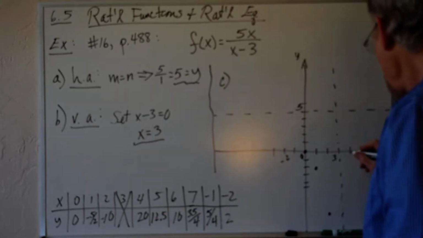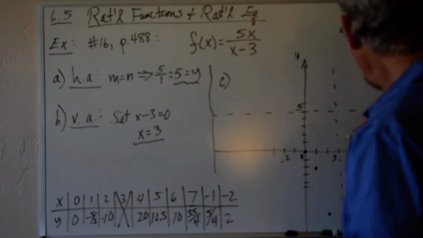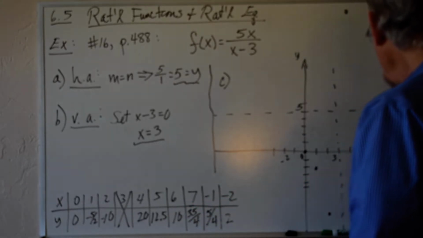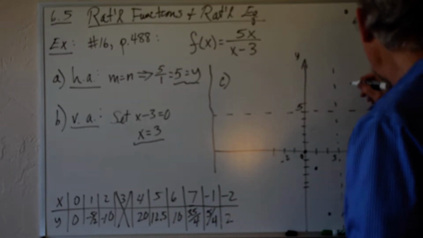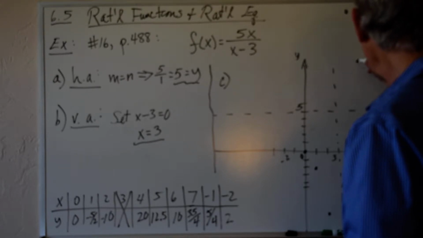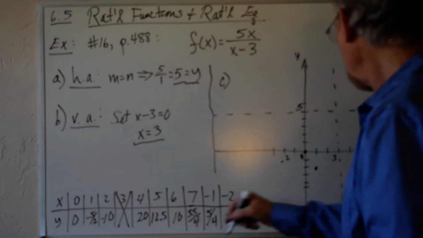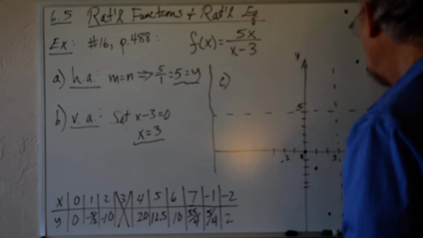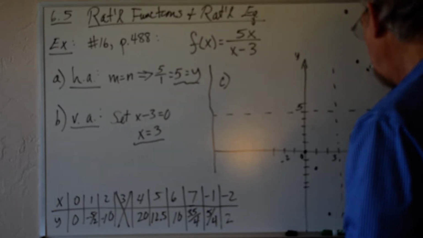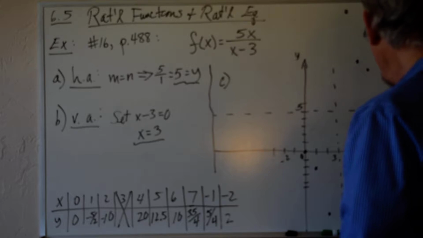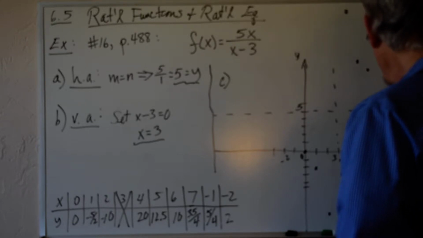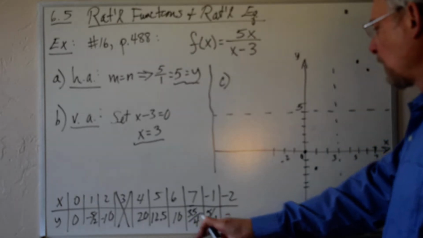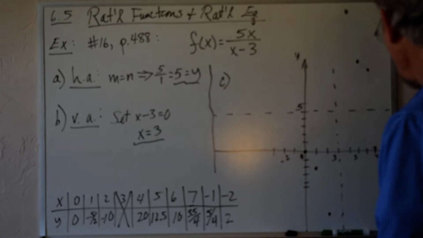4 gives me a positive 20, so I'm way up here. 5 gives me 12.5, so I'd be maybe around here. 6 gives me 10. 7, okay, so 3, 4, 5, 6, 7. 7 gives me 35 over 4, which is 8.75.